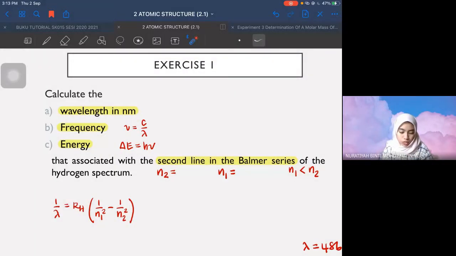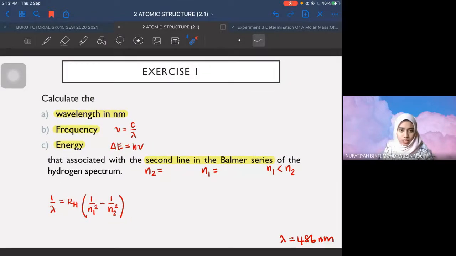Yang ni pun soalan macam nak dekat sama je dengan exercise yang kita buat, tutorial kita buat. Jawapan akhir dia for wavelength is 486 nanometer.